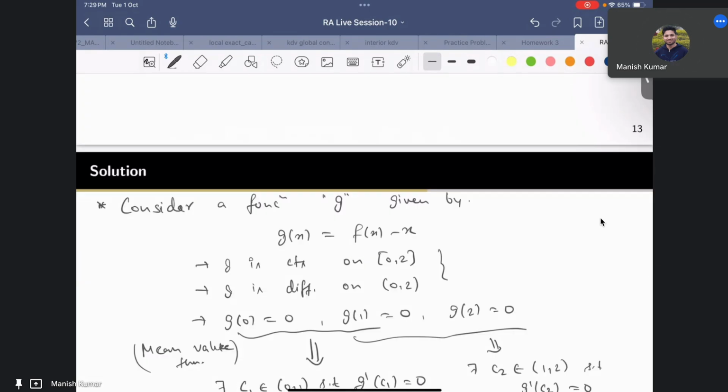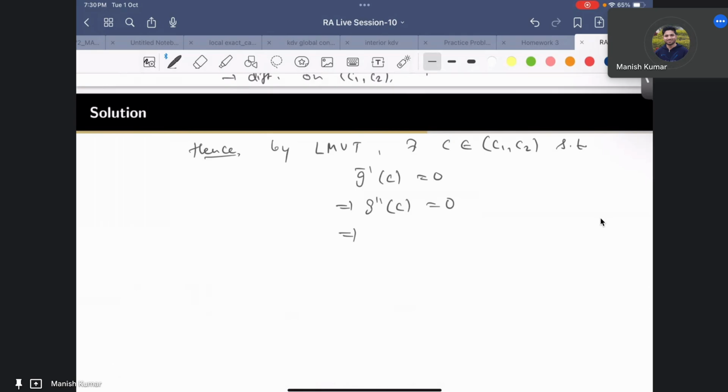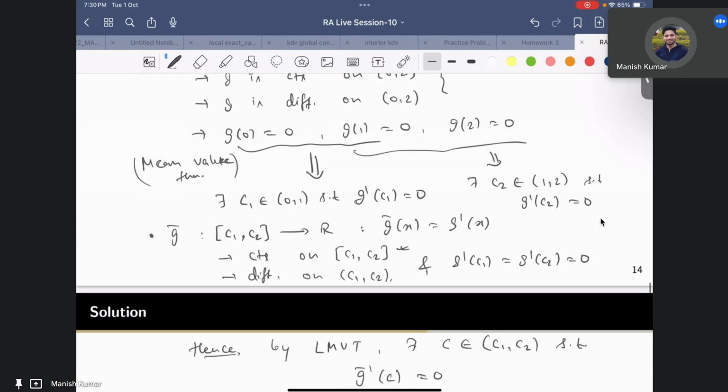You see, because x will vanish after taking the double derivative. Okay, so I hope you understood how I'm writing this continuous on c1 c2, because it was given that f is twice differentiable, so the first derivative is also differentiable, that means the first derivative is also continuous.